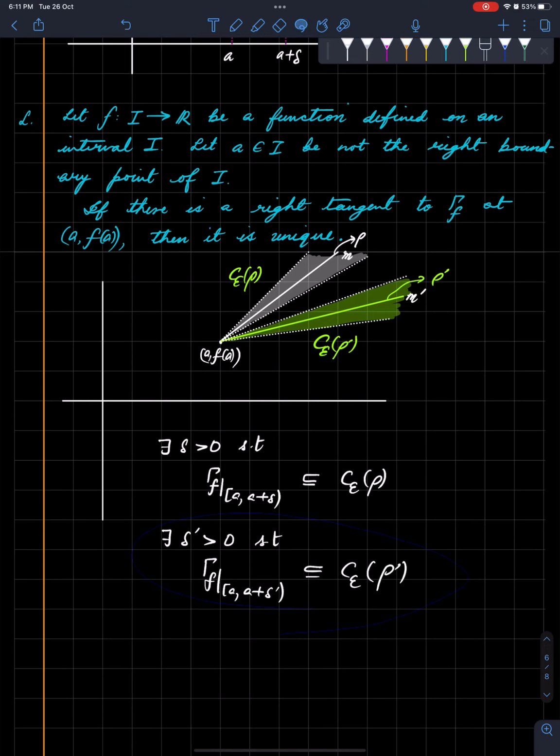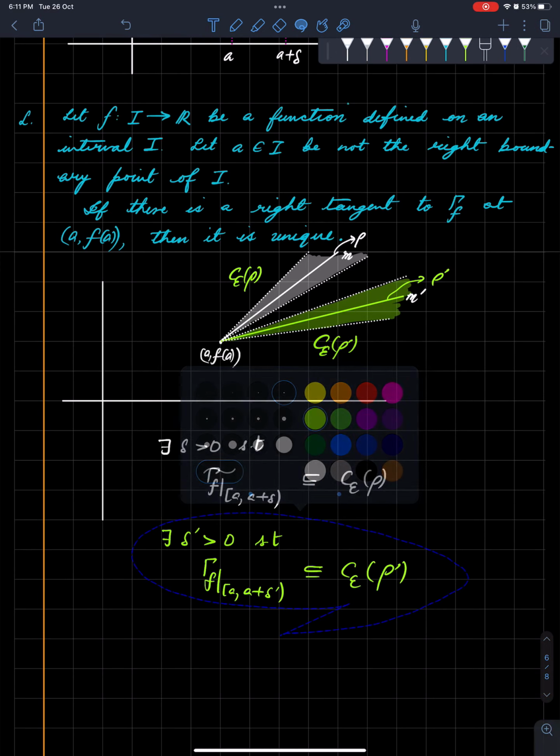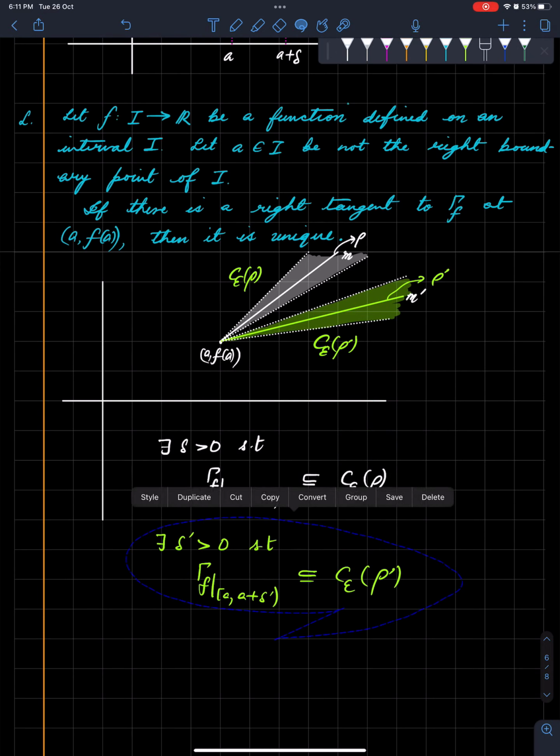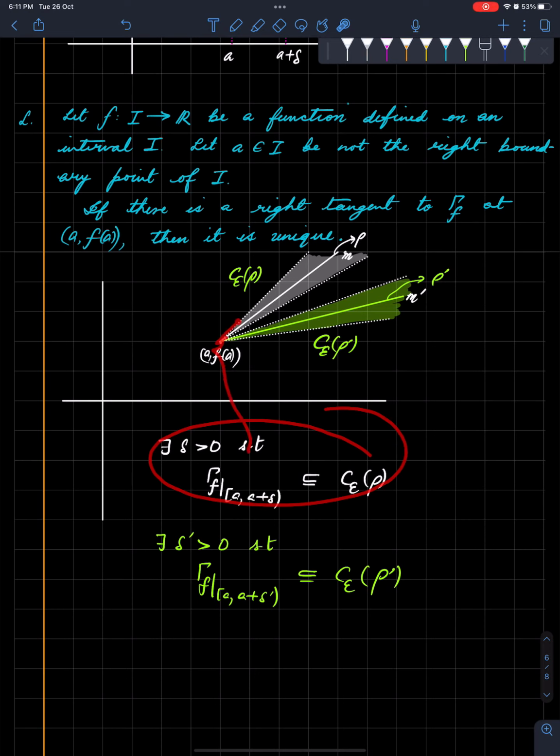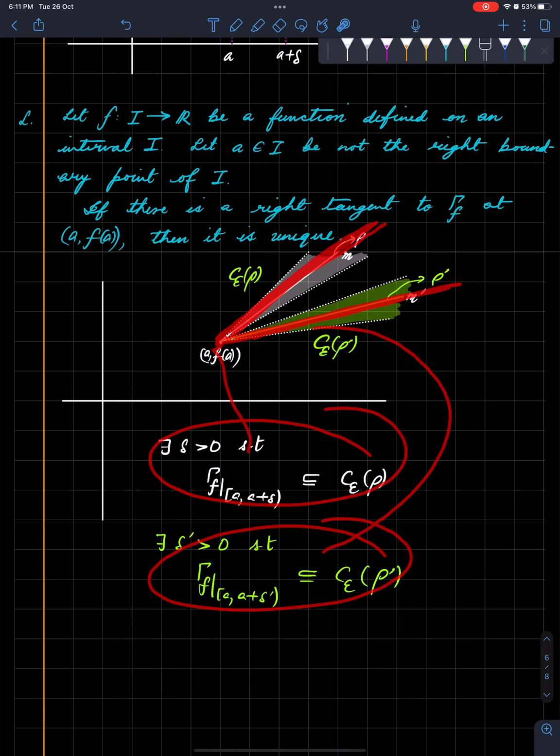Let me make this green. The white one is coming from the fact that this is the right tangent, and this is coming from the fact that this is the right tangent.